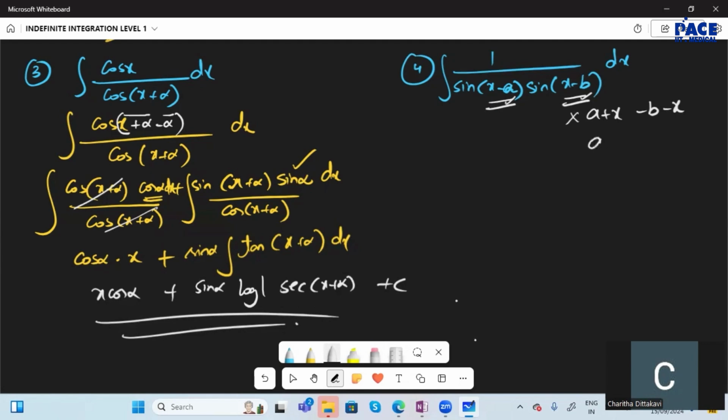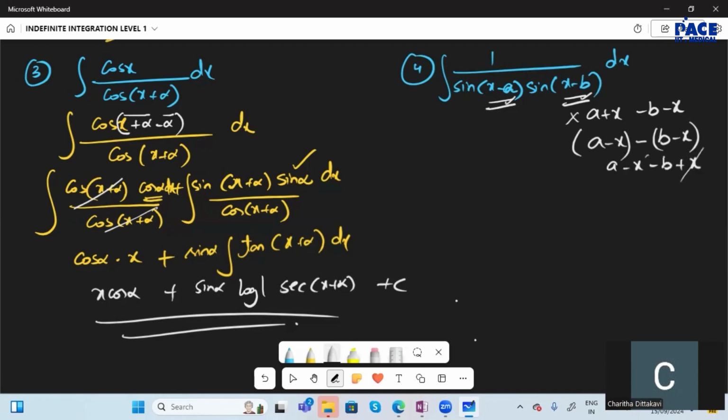So if I take a and b, if it is minus x and minus x, let us consider this way. So just take a minus sign common in between these two. So then what do you get? x minus a minus x minus b plus x, isn't it?